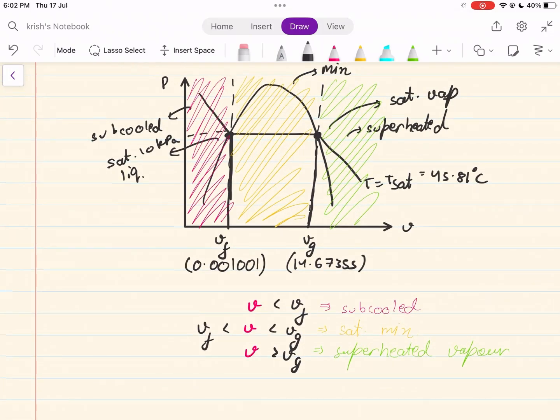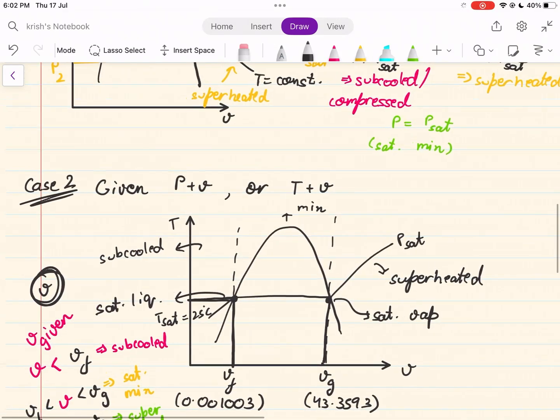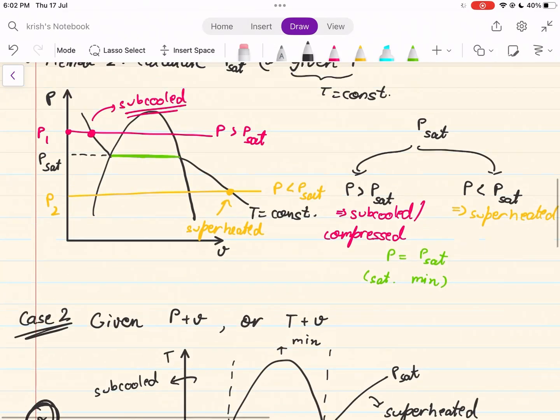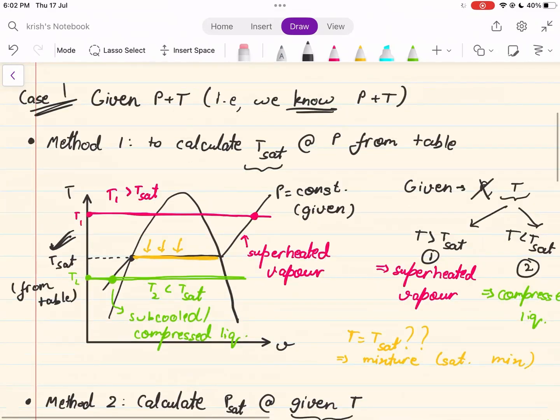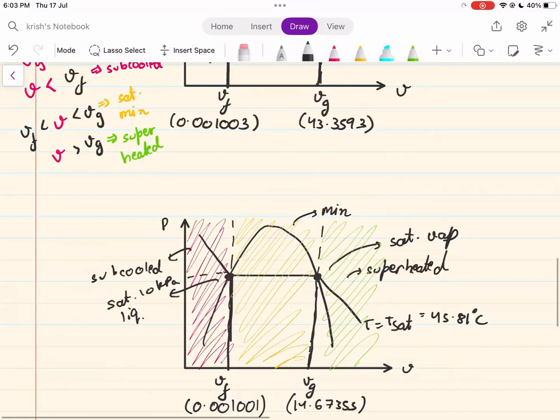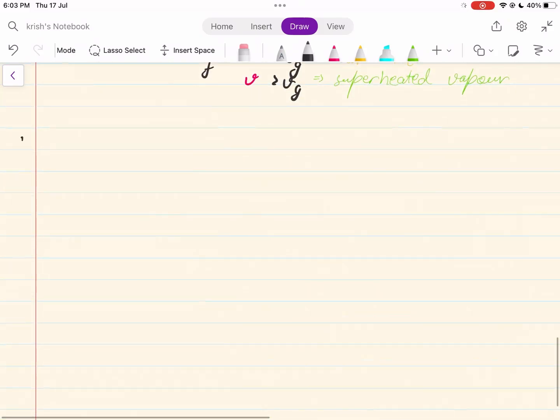So now we know how to identify in case of given P and specific volume, given T and specific volume. And we also know how to identify when both P and T are given, right? Now, let us move on to the last case.